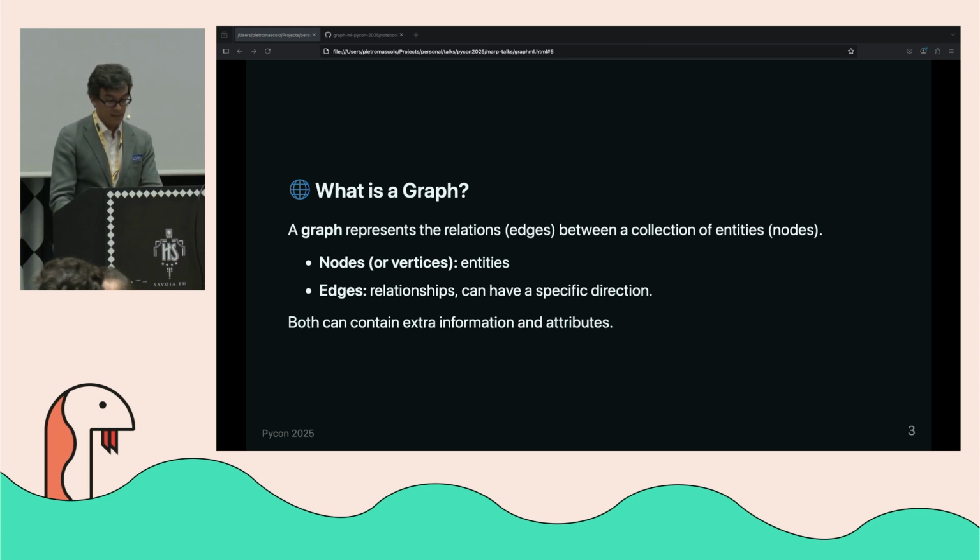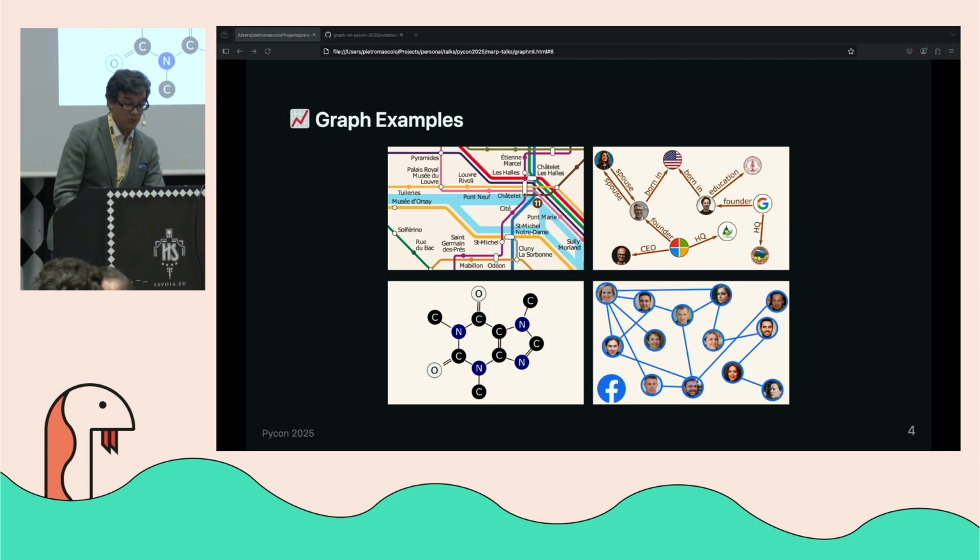And one thing that we need to understand is that graphs are everywhere. Even things that we don't think of as graphs could potentially be represented as graphs. And I have a couple of examples here. One of the very first problems that was solved using a graph is the famous problem of the 7 bridges of Königsberg, which was a riddle.